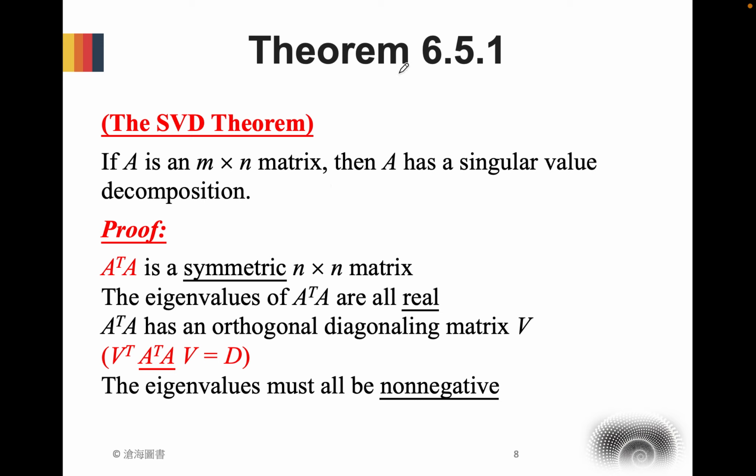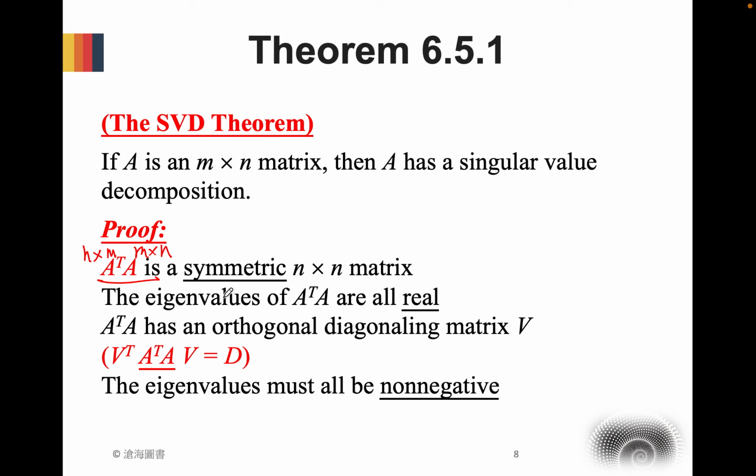Okay, so given a matrix A, n by n matrix, then we know A transpose A is a symmetric n by n matrix, right? This is simple because A transpose is n by m, and A is m by n, so the product A transpose A is a symmetric n by n matrix.